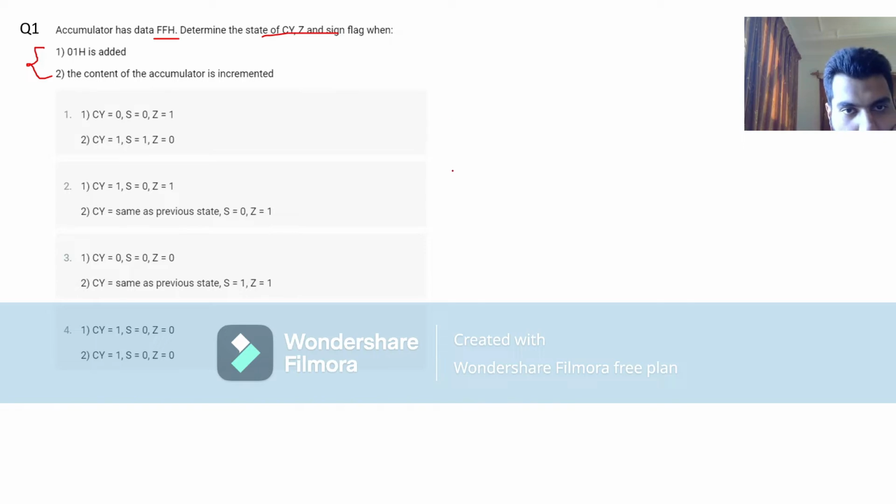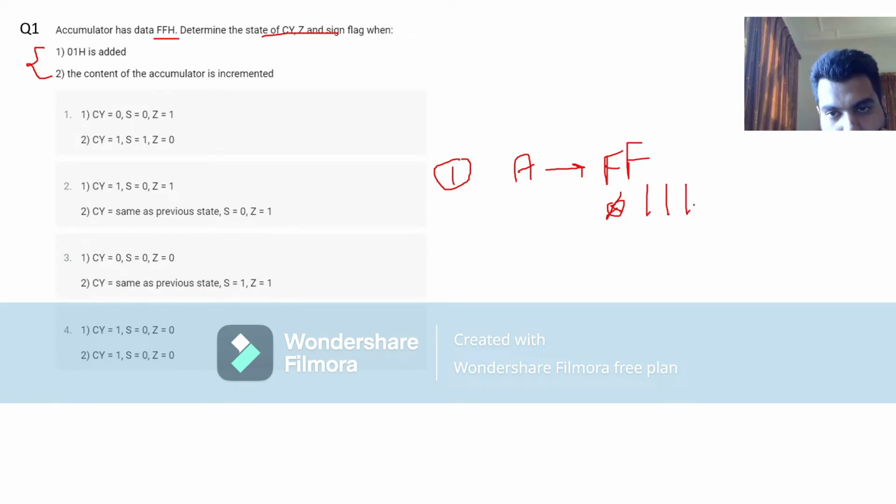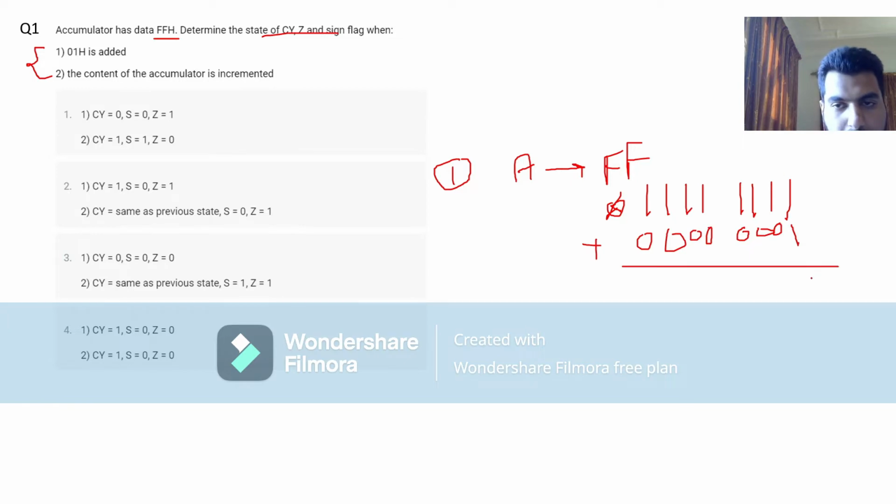First, the accumulator is loaded with FF, so A equals FF, which is 1 1 1 1 1 1 1 1. The first operation is the addition of 1 to the accumulator. 1 plus 1 is 0 with a carry, so the carry will propagate.